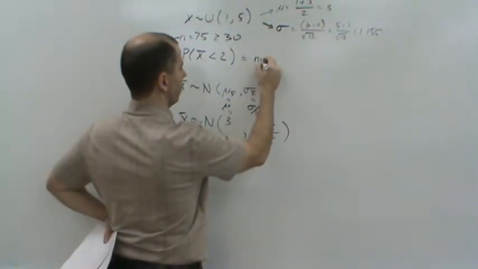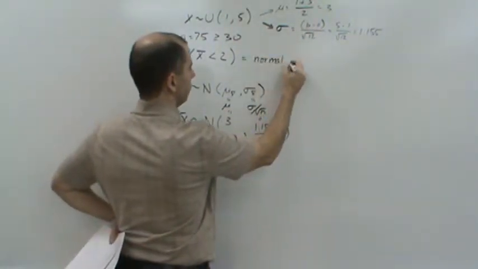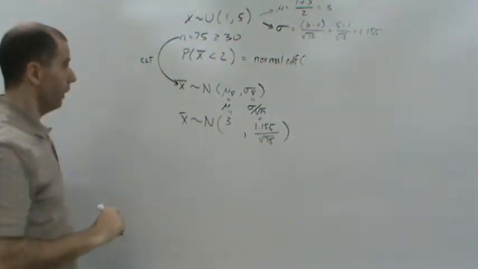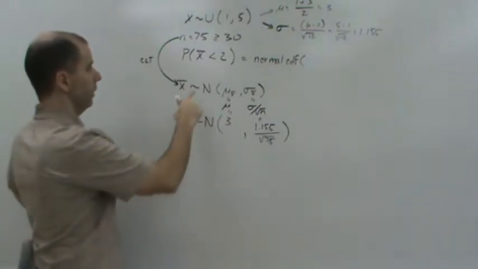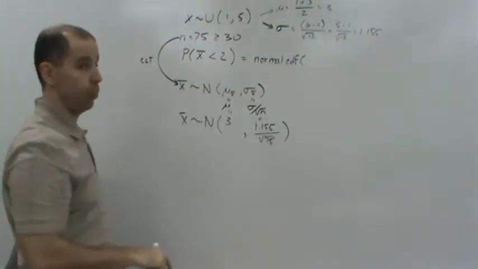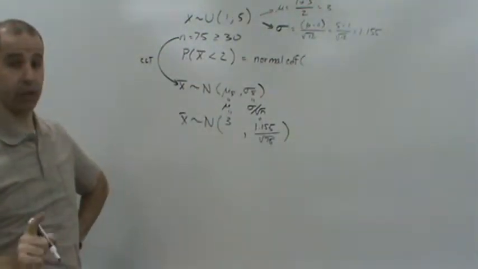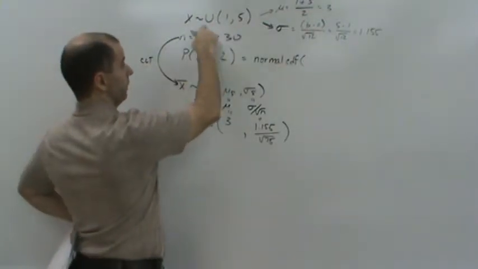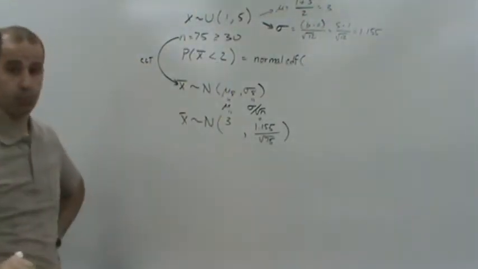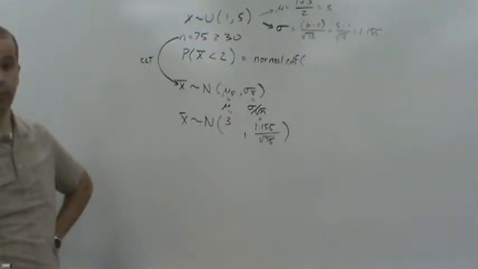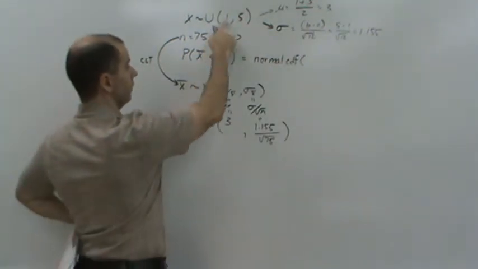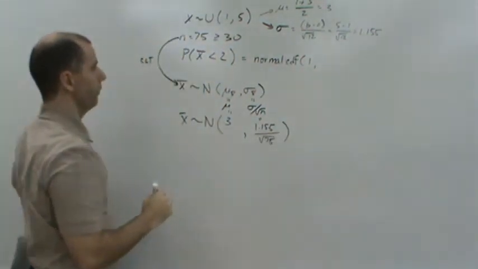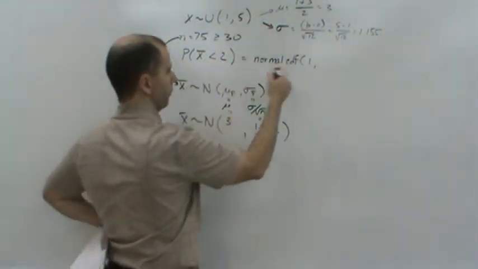It's normal CDF. What's the lower bound here? We're talking about the lower bound that X bar could be. It's going to be 1, because that's the lowest here. And the upper bound is going to be 2.